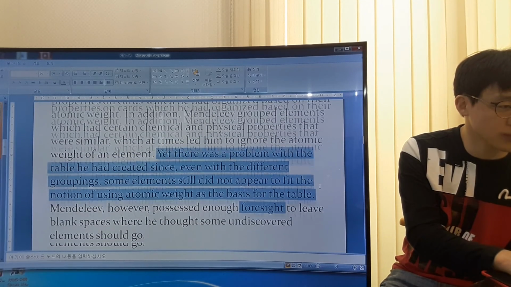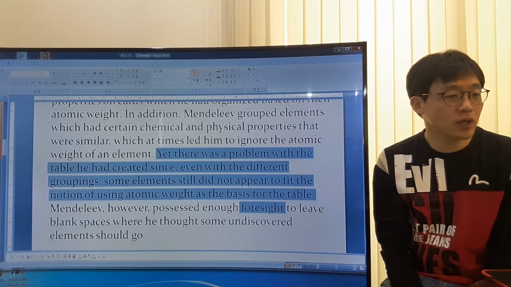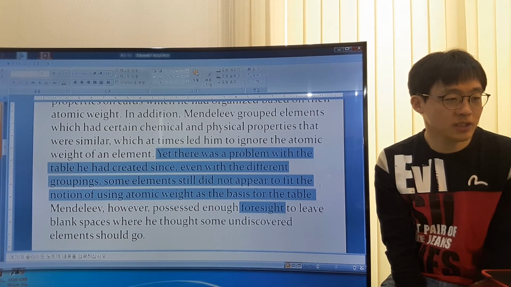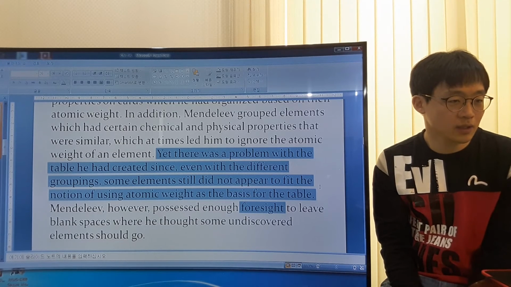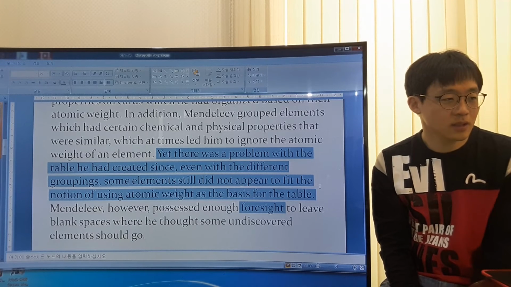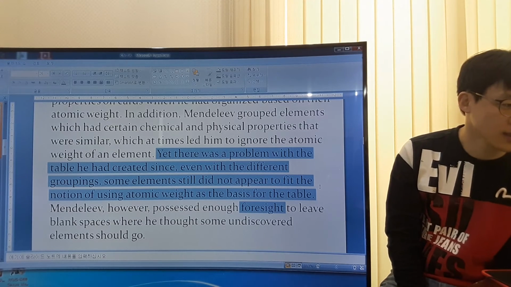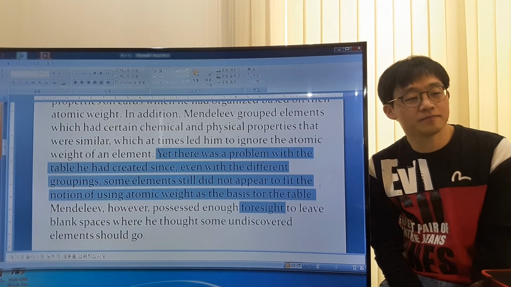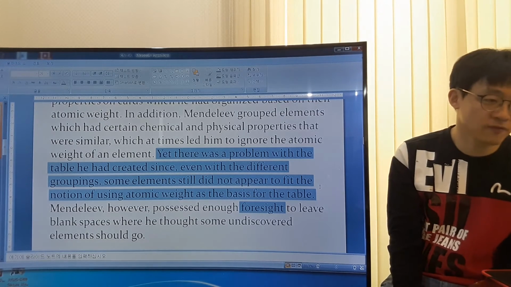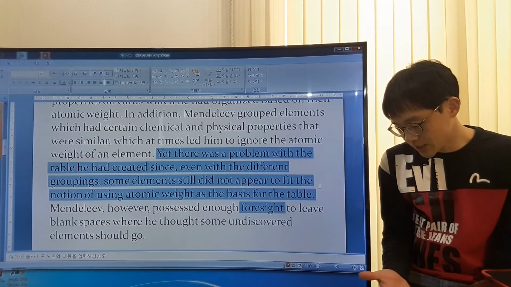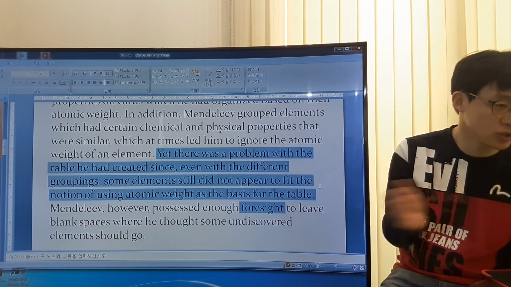But there was still a problem, because even though he had different groupings, some elements still didn't seem to fit the idea of atomic weight, which was the basic idea of the table. But he left some blank spaces because he thought they would be filled by elements undiscovered at that time. You want to say in the future?